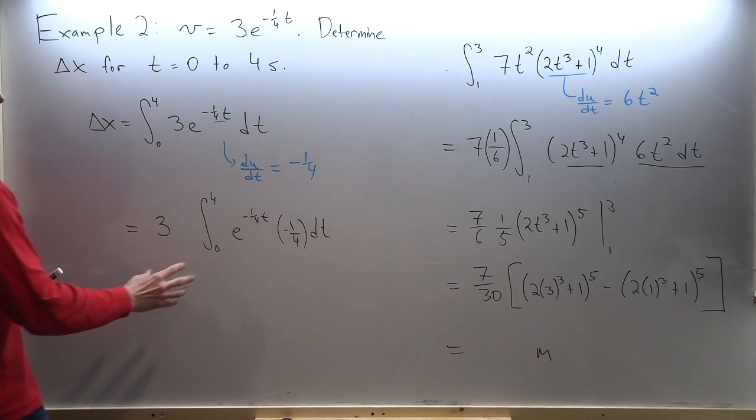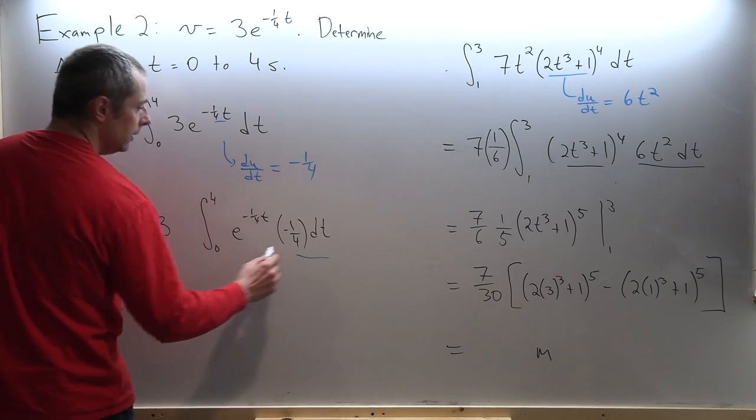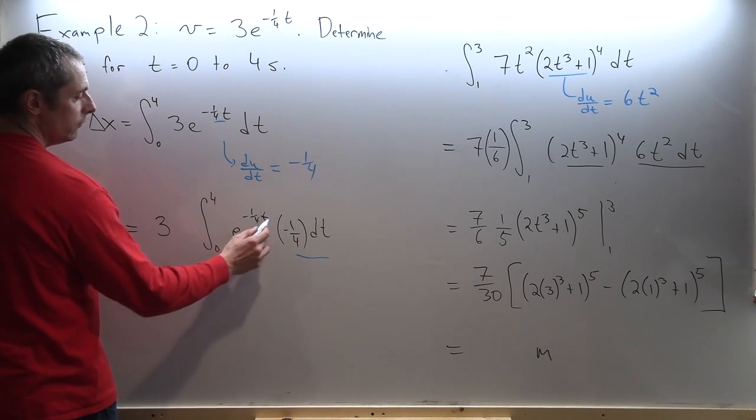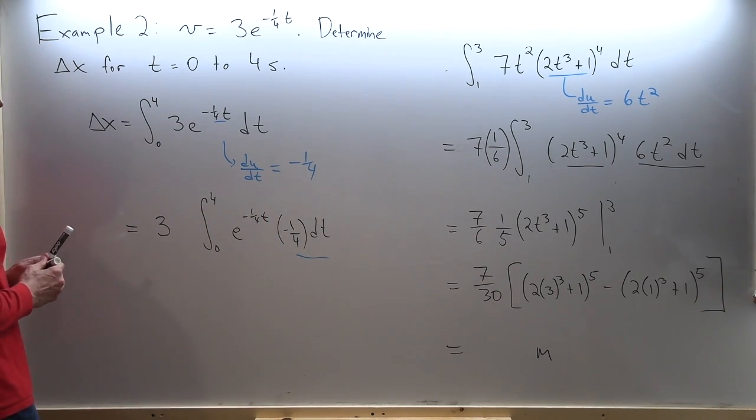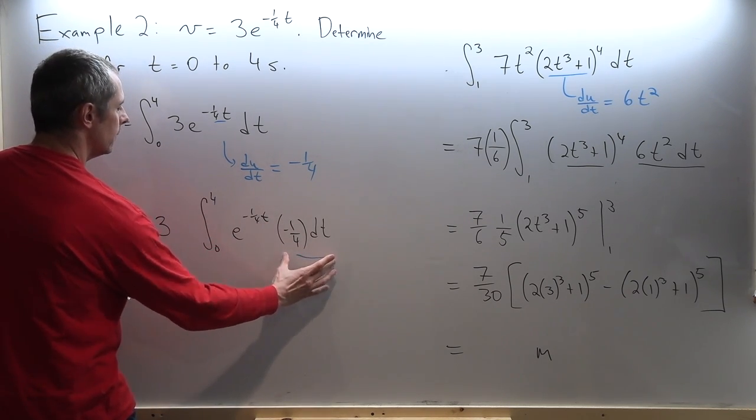What I would have is basically all of this being du for u being negative 1/4 t. So what I have is e to the u du right here.